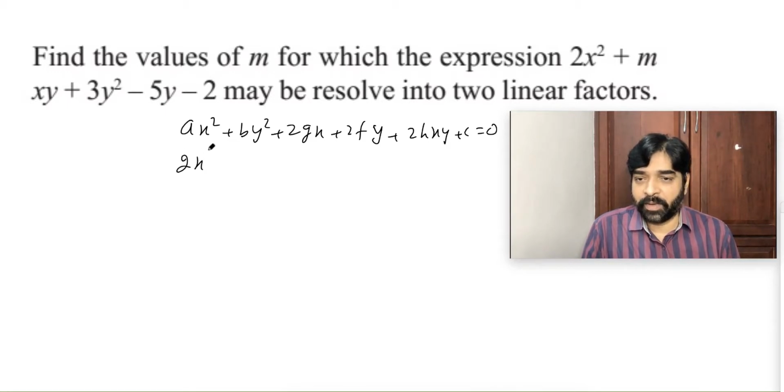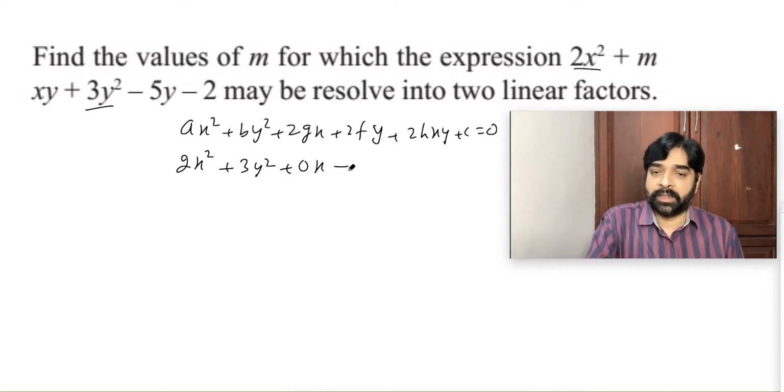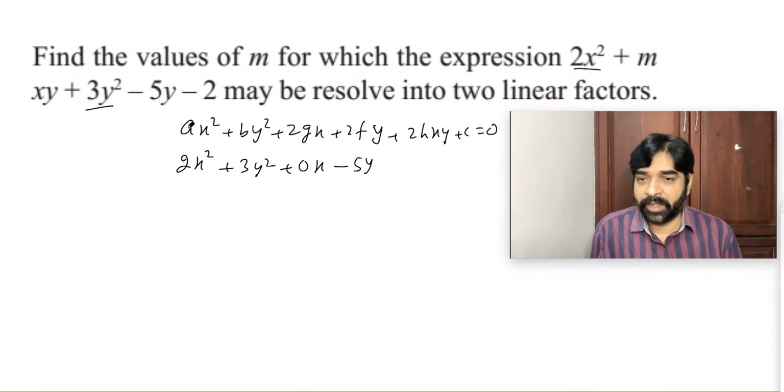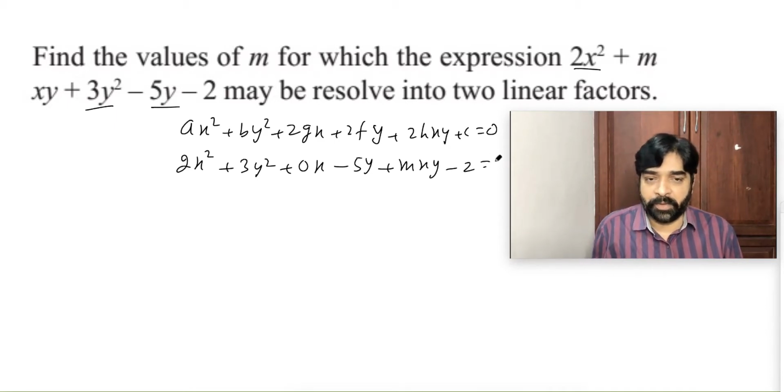The 2x square plus 3y square, okay, this is done. X term no, so plus 0x. Y term yes, minus 5y. Then xy term yes, plus mxy, plus constant minus 2 equal to 0.